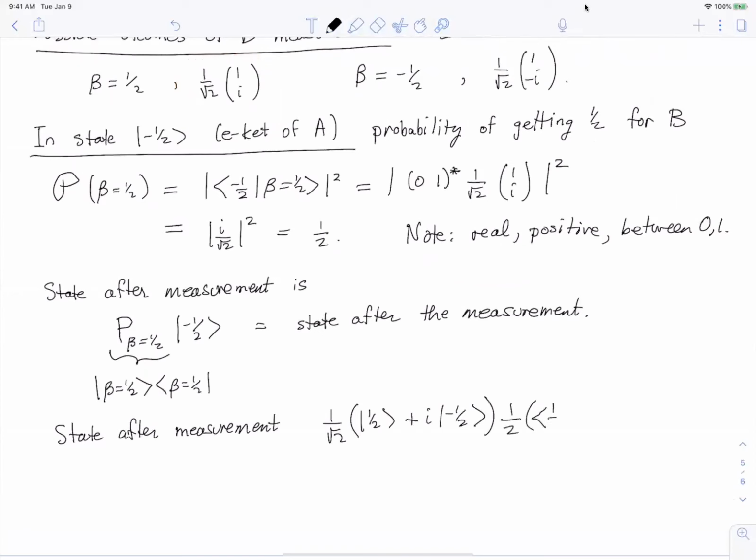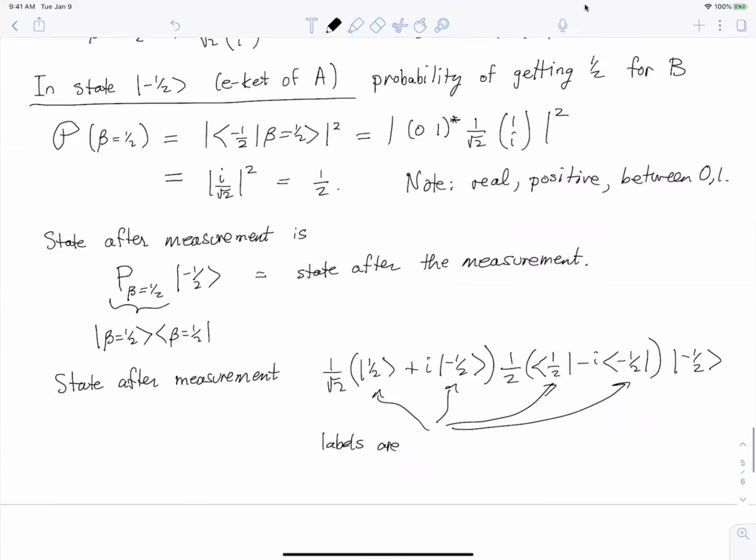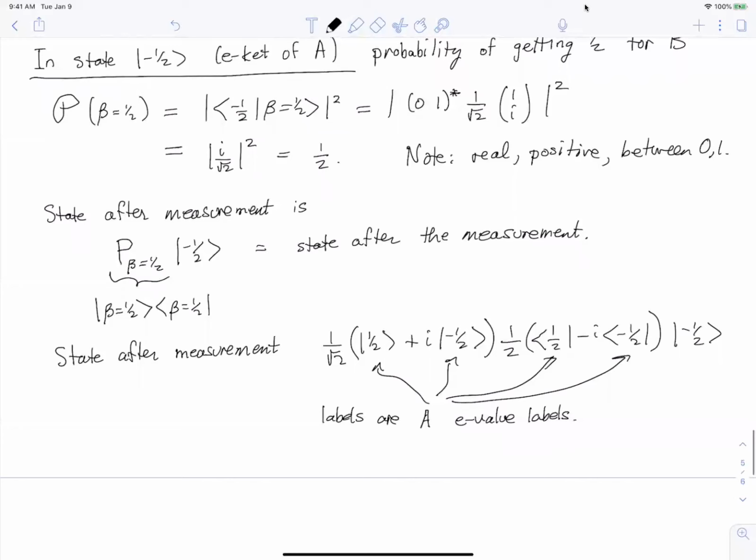So this is 1/2 minus i minus 1/2. And then all acting on the ket minus 1/2. So all the labels here are A eigenvalue labels. Okay, so I won't do the final arithmetic, which is to reduce this by taking these inner products. That's the sort of thing you'll be doing for homework, though.